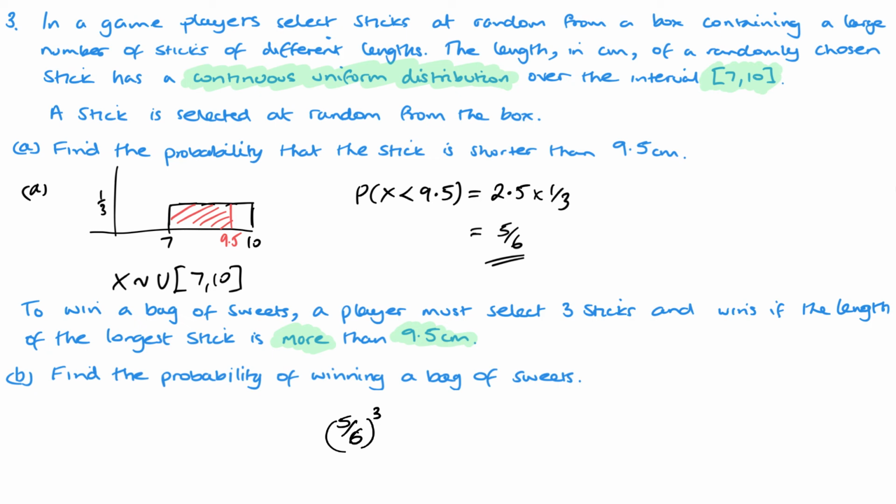And then by definition winning would be 1 minus that. So the probability that I win is 1 minus 5/6 cubed. Okay, and that's because I'm looking at all 3 sticks being less than 9.5, which is when I lose. 1 minus losing will equal winning.